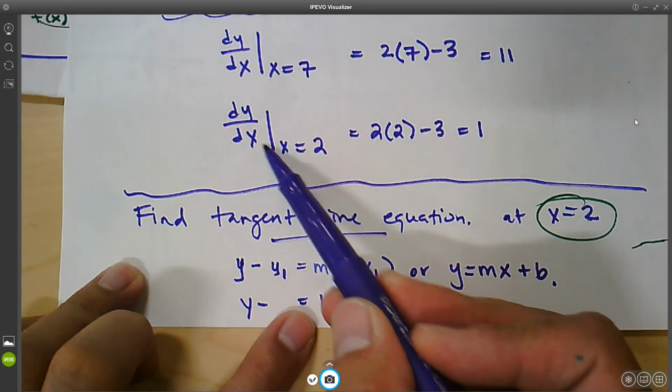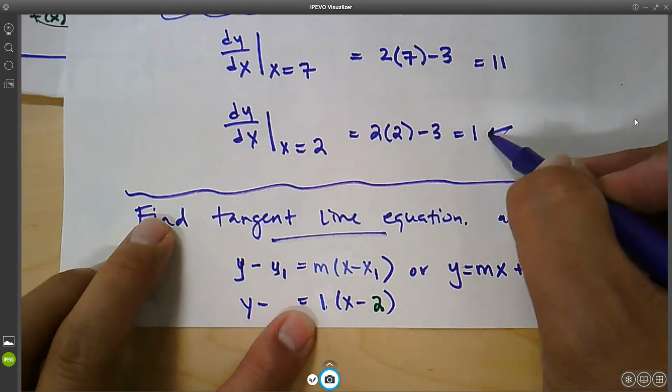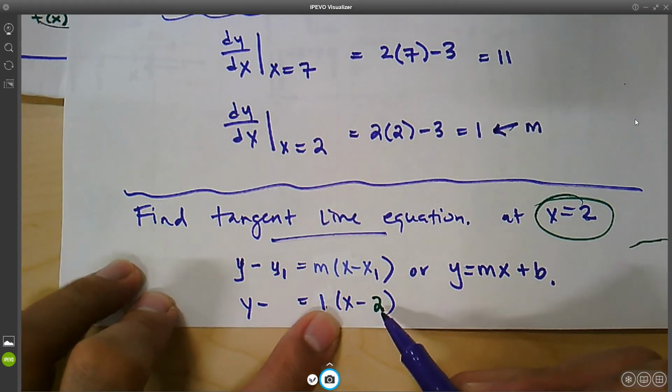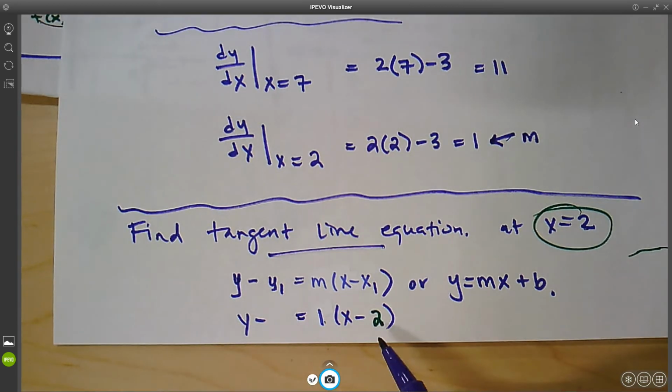We plug it into the derivative. We got a slope of 1. So the slope is there, the x is there. How do you guys find a y when you know the x? To the derivative or to the original? The original.